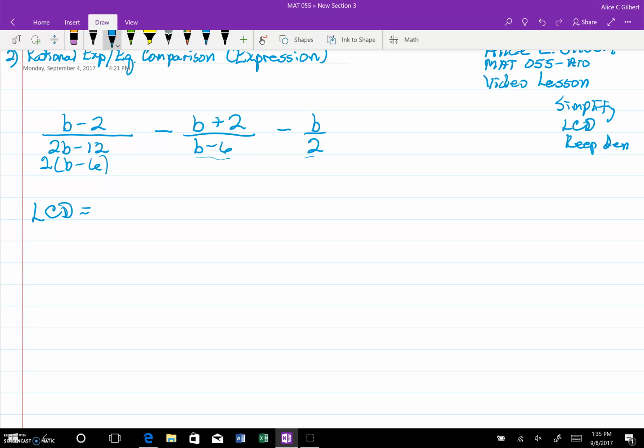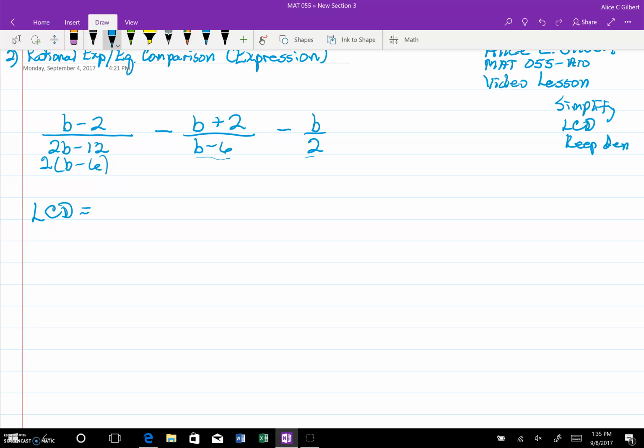Then I ignore that one and the third one, and I just look at the middle one and I say, okay, in my building, this says I have to have at least one quantity b minus 6. Well, I already have that in my building, so I don't need to get it again. So then I ignore the first two and I look at the third one, and this tells me in my building I have to have at least one standalone 2. That means a 2 all by itself. Well, I have that right here. So I'm good to go with my LCD.